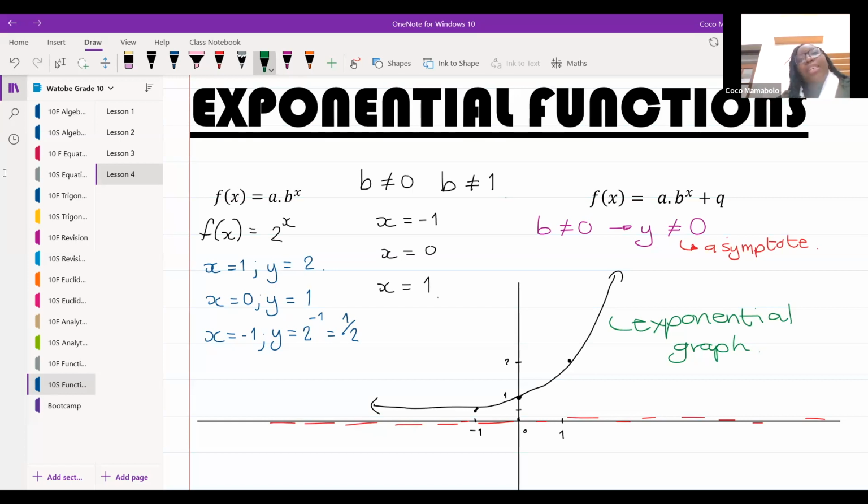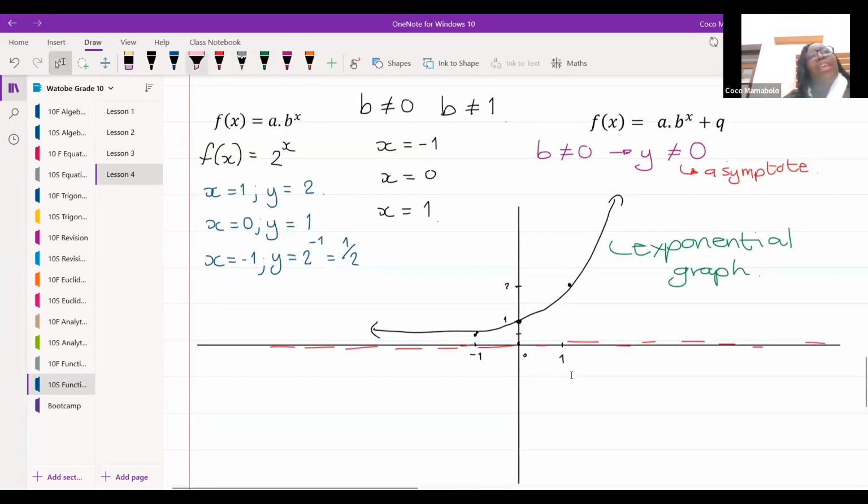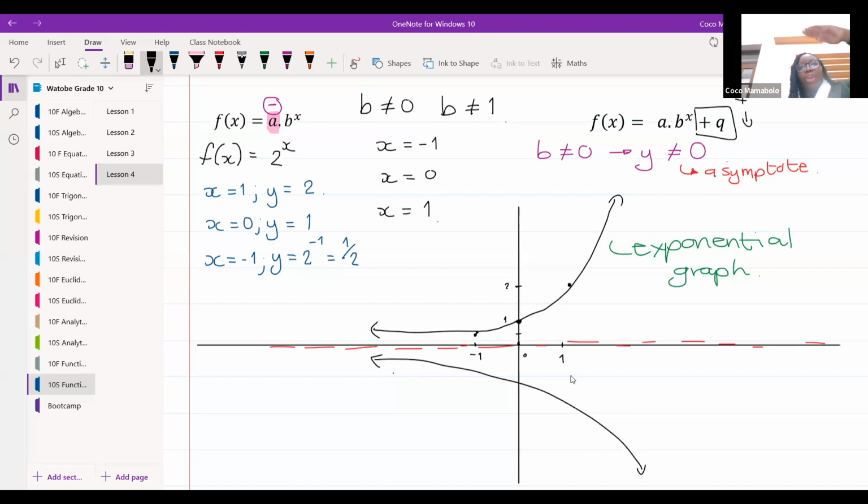The only difference is if this a value over here is negative, then my graph will be down here. But then our asymptote will also move it up and down. Q will move our asymptote up and down. So for an exponential graph, guys, we only have a y asymptote.